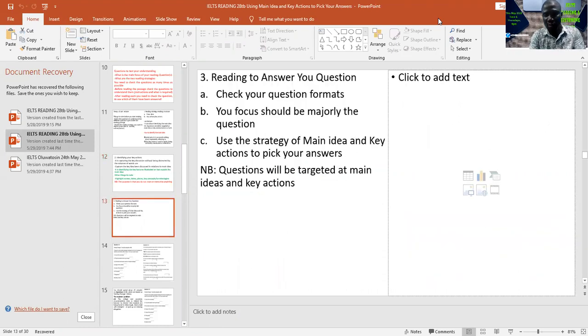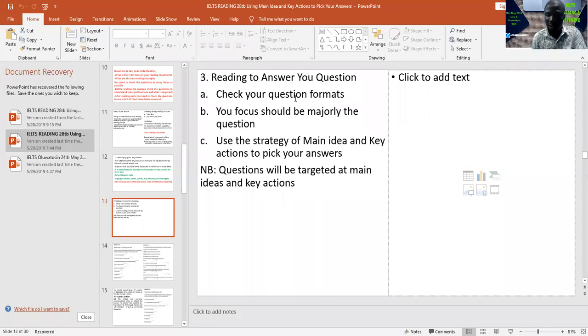So today I'll be going into the third aspect, which is using this knowledge of main idea and key action to actually pick out answers for some specific questions. Okay, and I said, when you want to start reading or answering your questions, before you read, you need to check your question format.